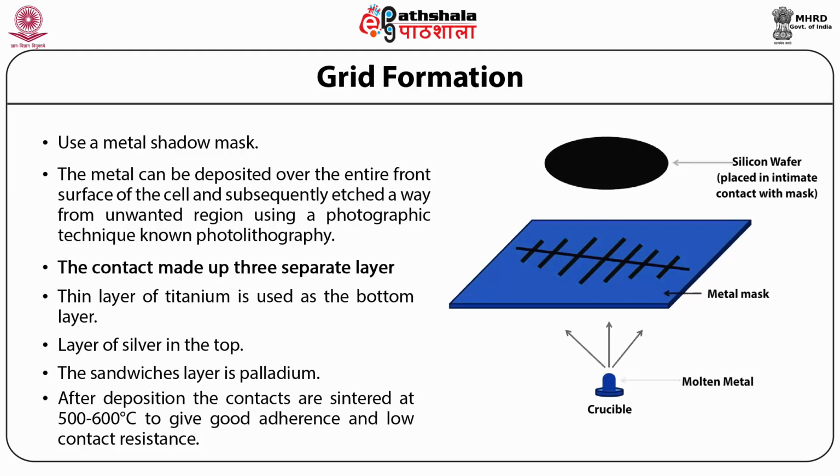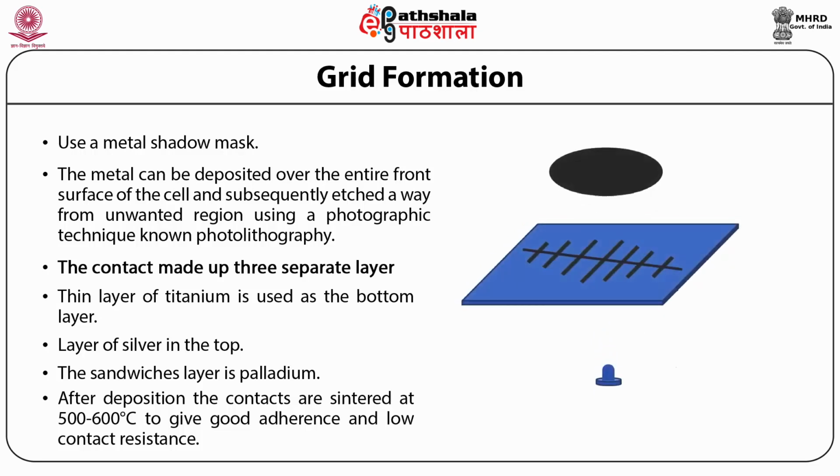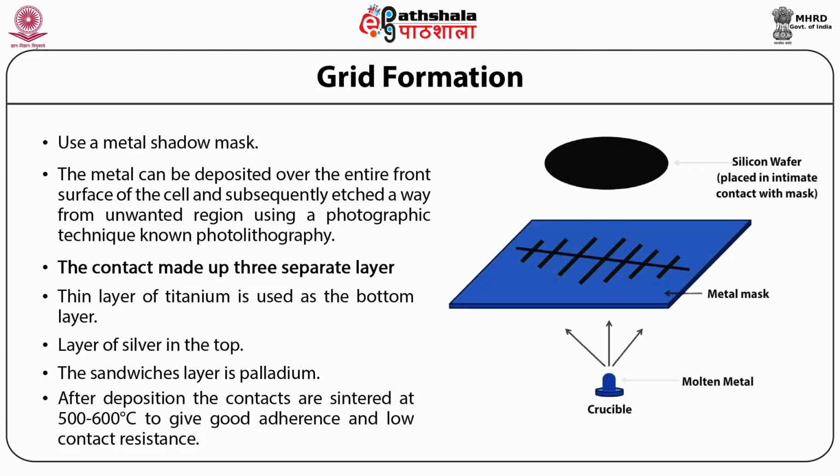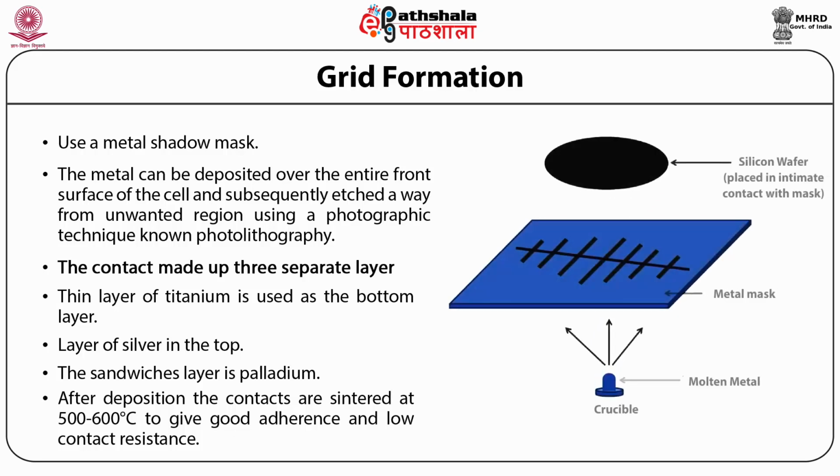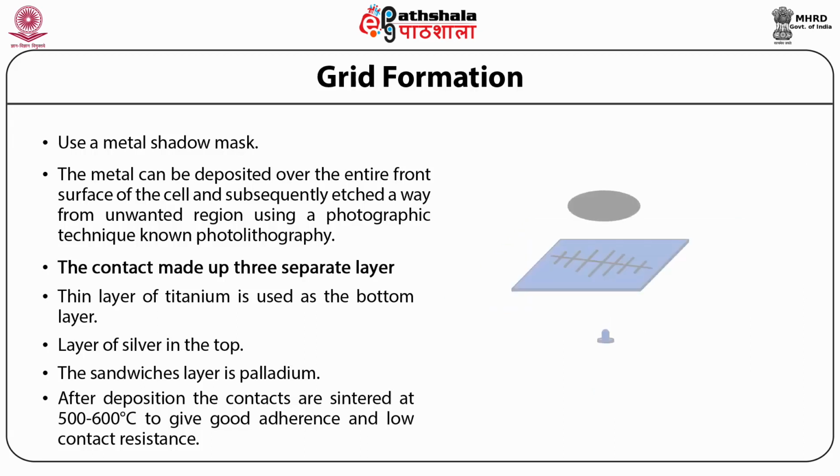Now the techniques which are generally used to make the metallic contacts are electroplating, vacuum evaporation, and screen printing. Aluminium is used as a back metallic contact on the silicon p-type region and deposited by vacuum evaporation on the entire back surface.